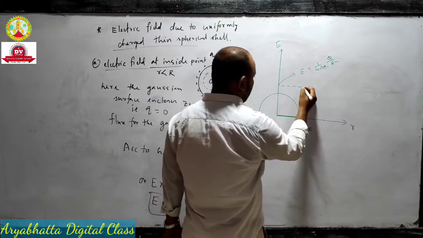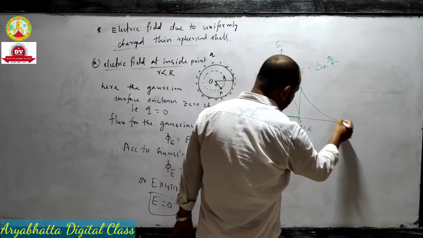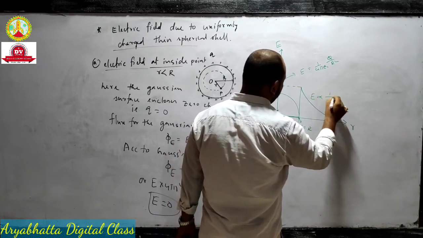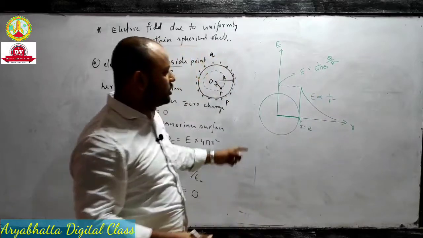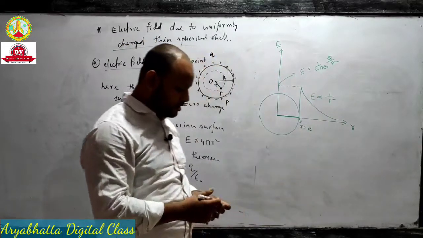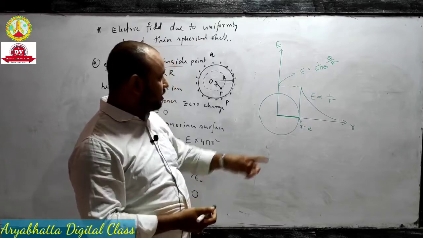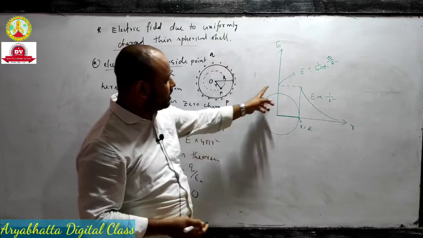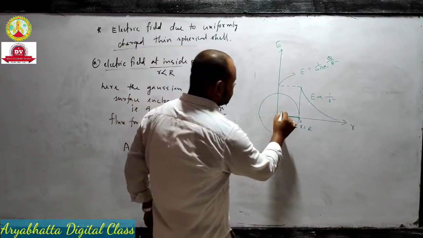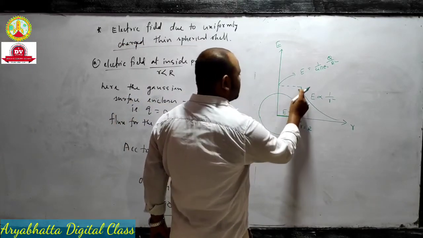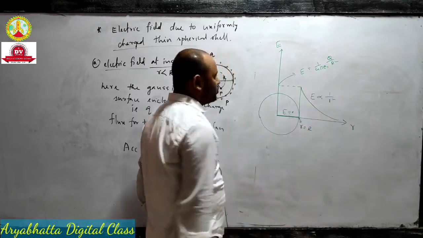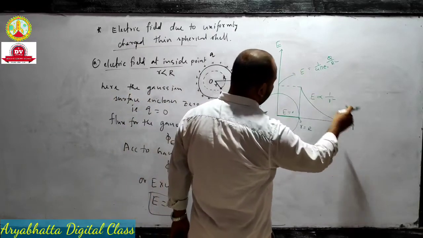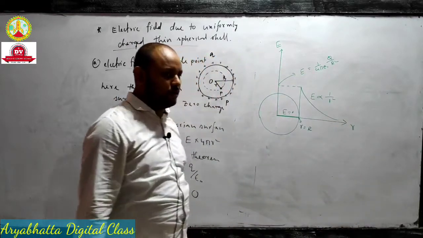As distance increases, the electric field is inversely proportional to r square, so it will decrease. So this is the variation of electric field with distance r. Inside the thin spherical shell E is 0, on the surface E is maximum, and as distance increases the electric field decreases.